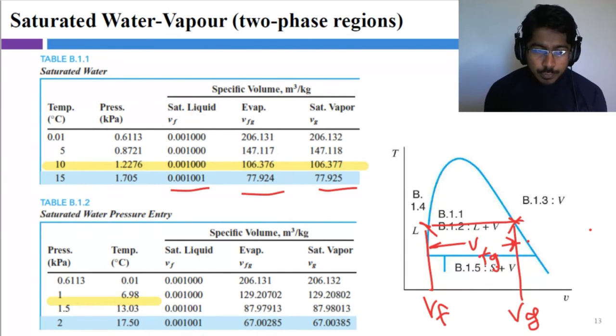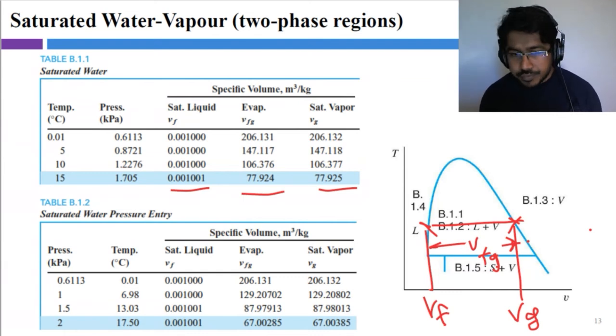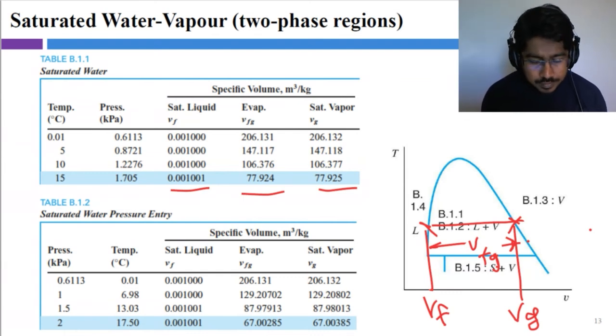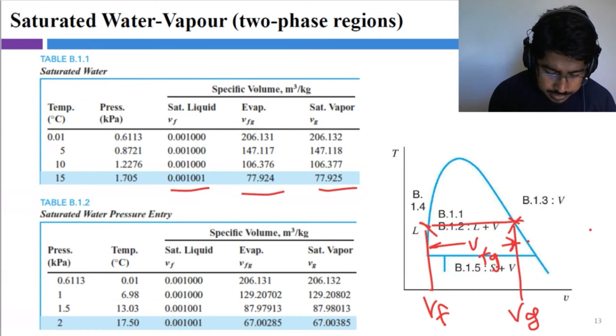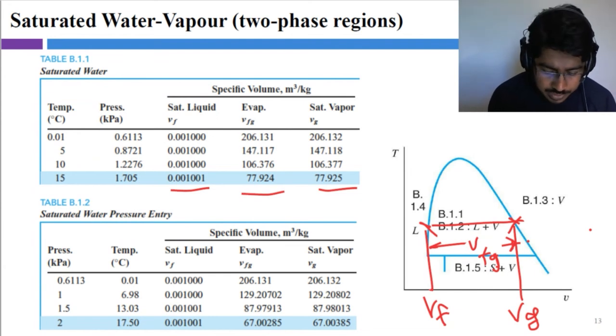If you have been asked to find the specific volume of saturated liquid at 1 kilopascal, then it's easier to use pressure entry tables because it goes by the pressure, right? 1, 1.5, 2, something like that.